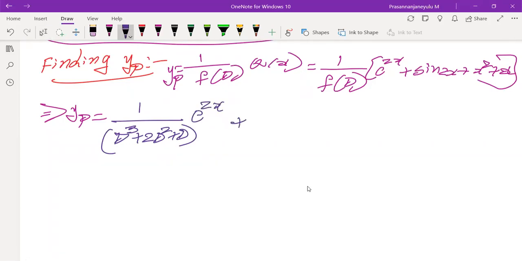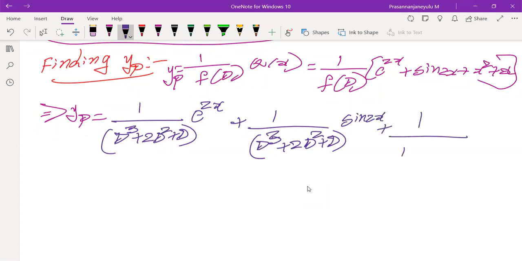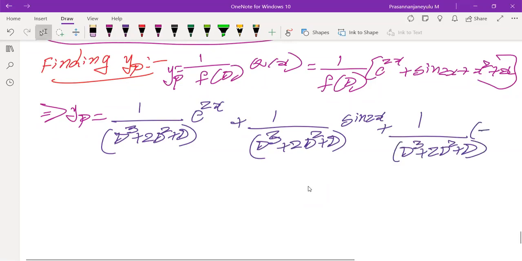The second term becomes 1 by D cube plus 2D square plus D of sine 2x. The third term becomes 1 by D cube plus 2D square plus D of x square plus x.